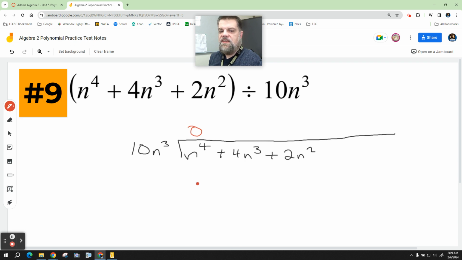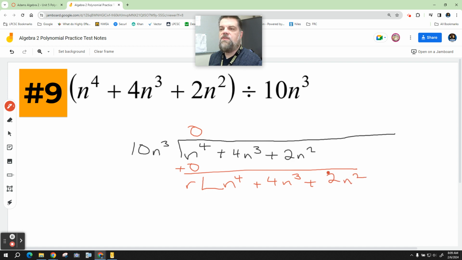So technically then, wouldn't all of this be the remainder? Does that make sense? All of this would be the remainder because 0 times this would be 0. And so then our remainder would be n to the fourth plus 4n to the third plus 2n squared.